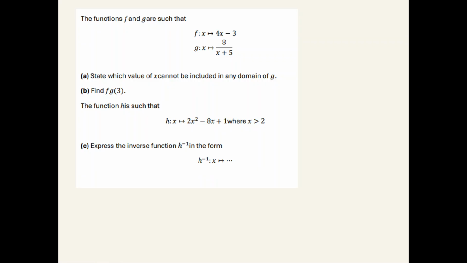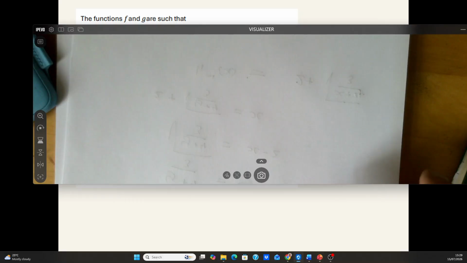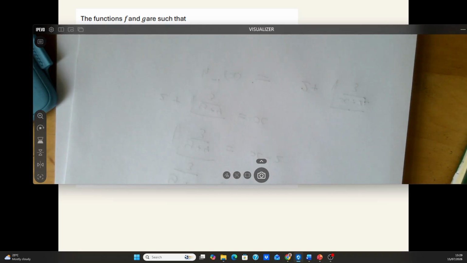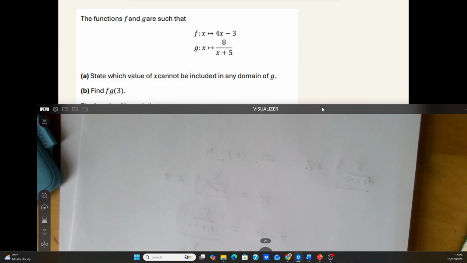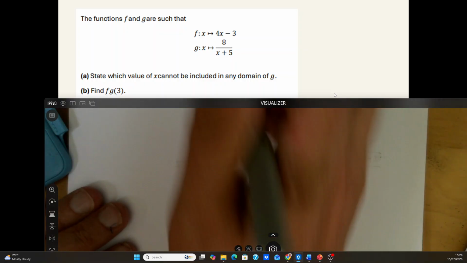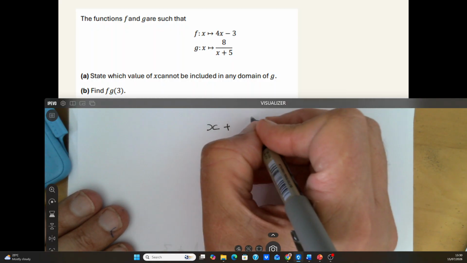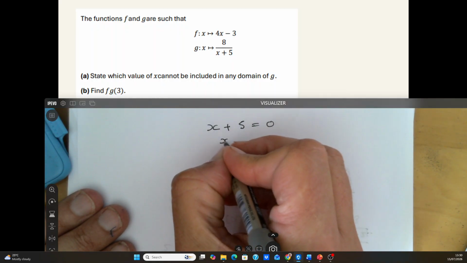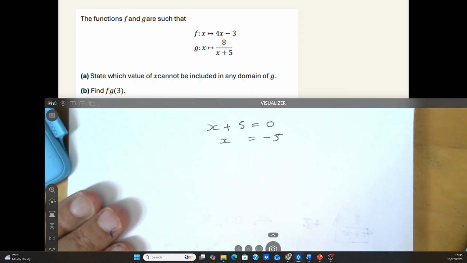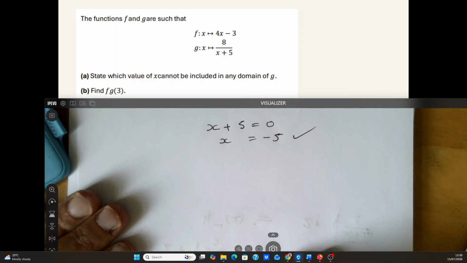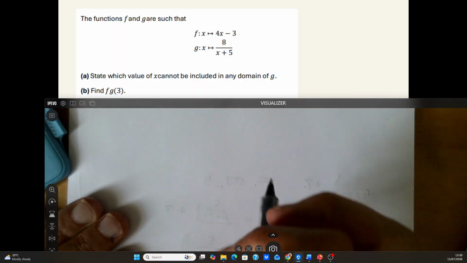Right, now, you do the question. What do you have to do for part A? That's correct. Part A, x plus 5 equals 0, so x equals minus 5. Straightforward. The next bit, you need to substitute the 3 in.